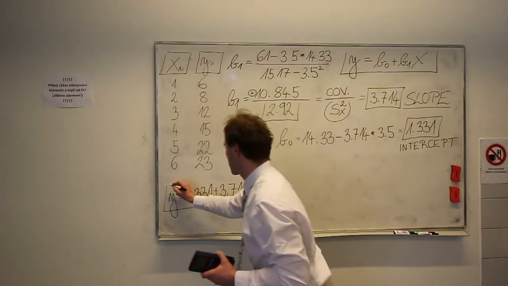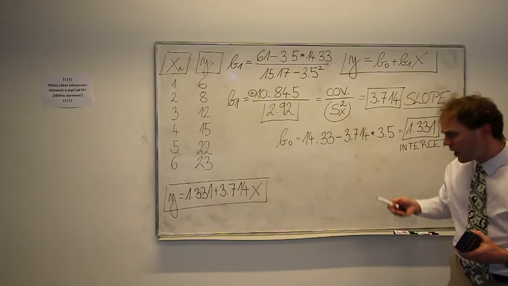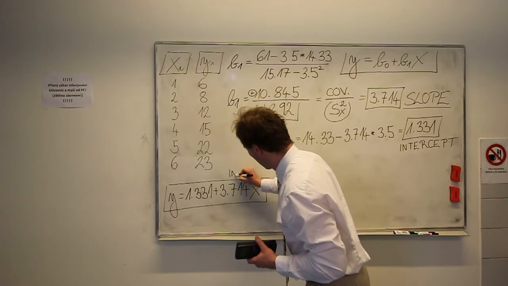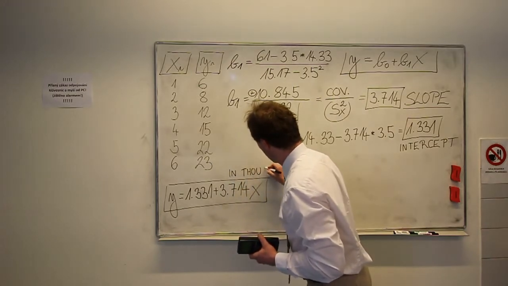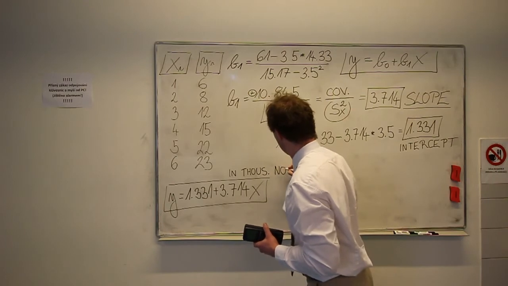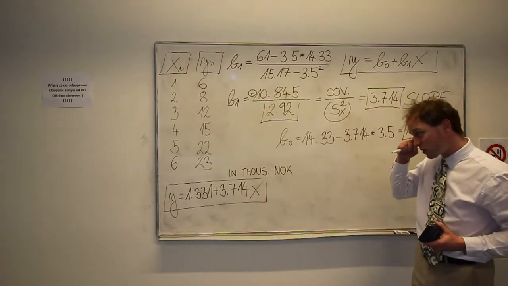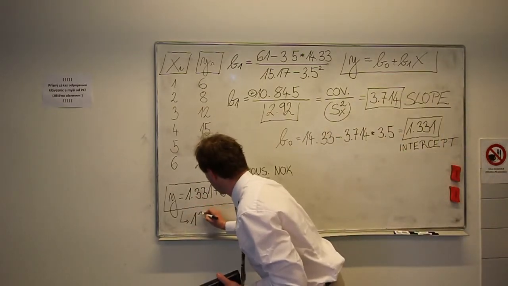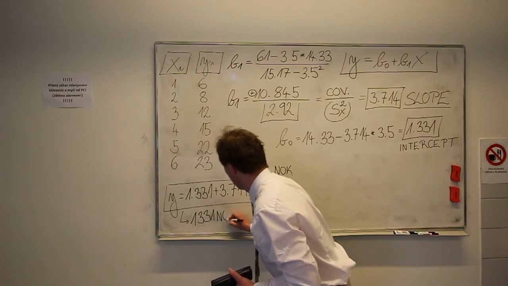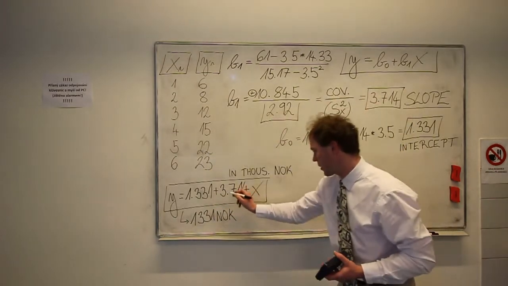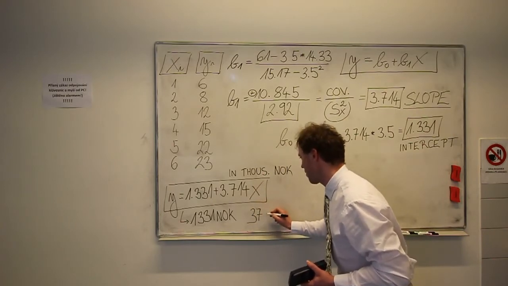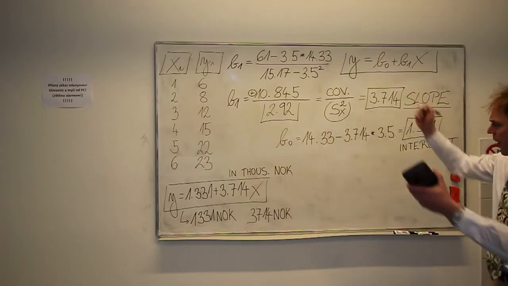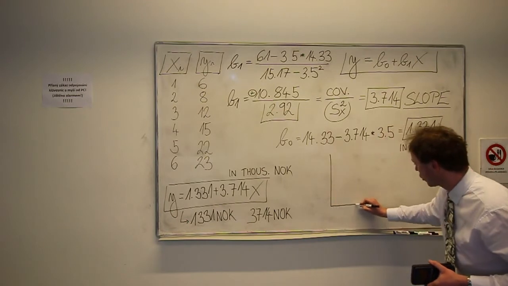Yes, this is the formula of the line, and we know that the data set was given in thousands of Norwegian crowns, yes, in thousands of Norwegian crowns. So we know that this intercept is 1,331 Norwegian crowns, and the slope is 3,714 Norwegian crowns, yes. And finally, the interpretation.